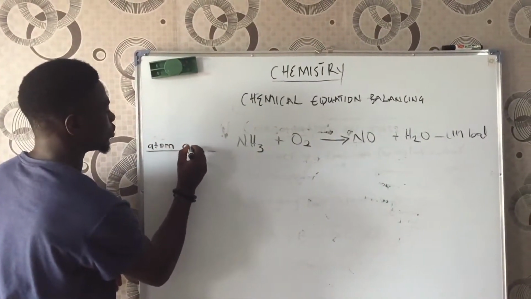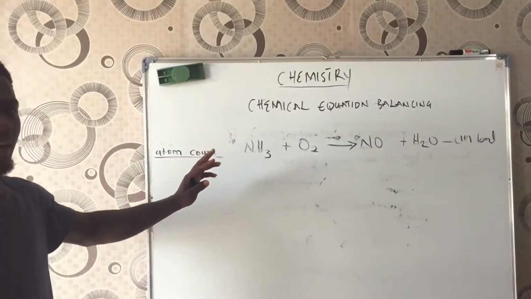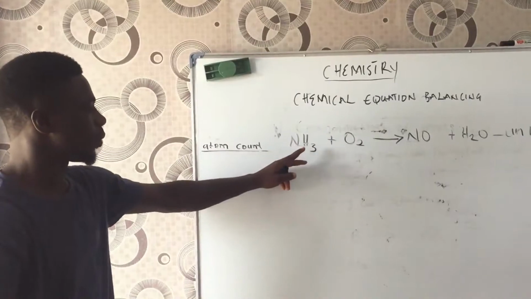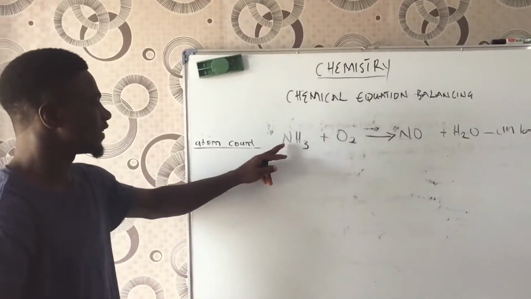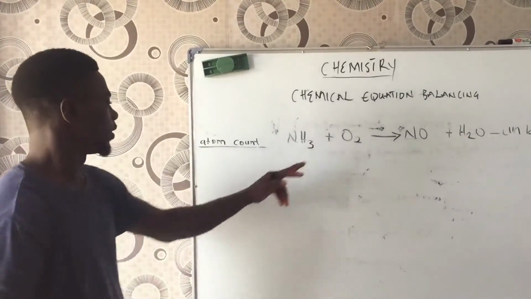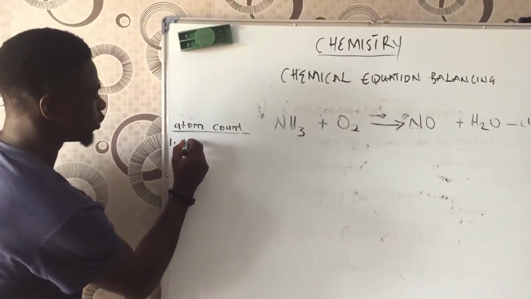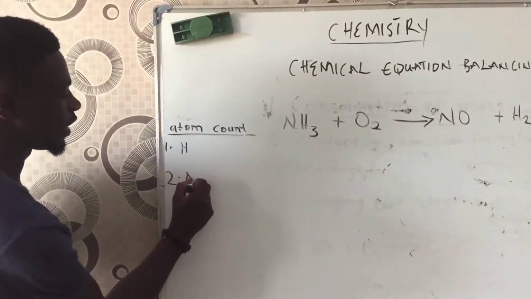atom count. How many elements are we having here? We're having nitrogen, hydrogen, and oxygen. So we'll be balancing each of these elements. The number one element is hydrogen. Number two, we're having nitrogen.